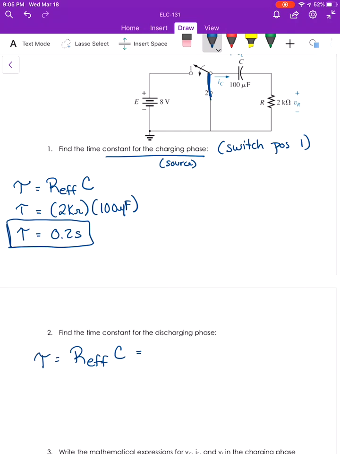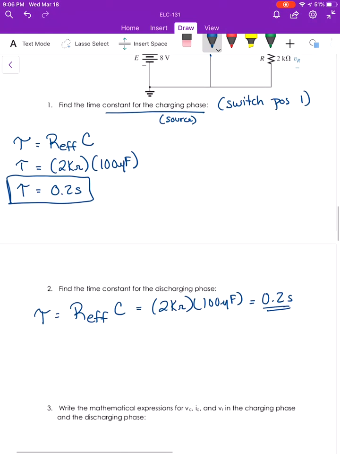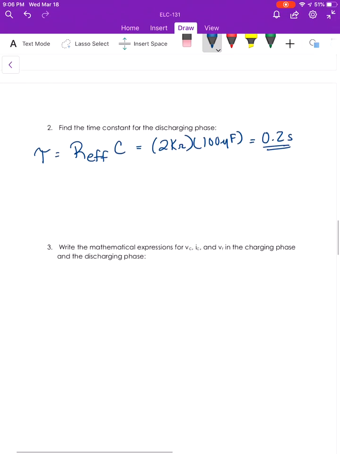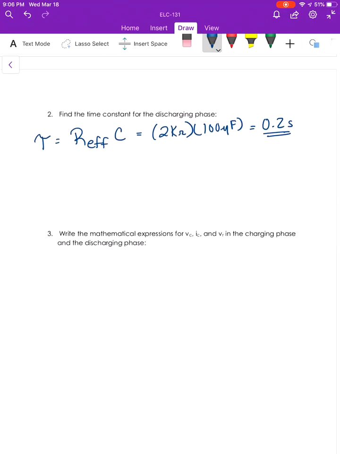In this case as well, we've just got that 2K ohm resistor and the 100 microfarad capacitor. So again, in the discharging phase, we actually do have the same time constant. So that means it's going to take exactly the same amount of time to discharge the capacitor as it took to charge it. Okay, write the mathematical expressions for all of these in the charging and the discharging phase.